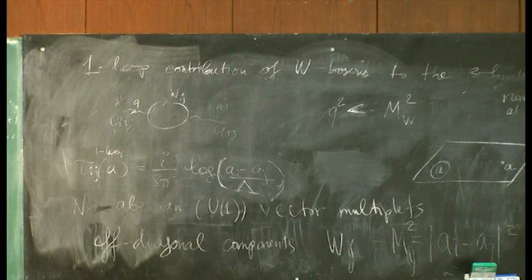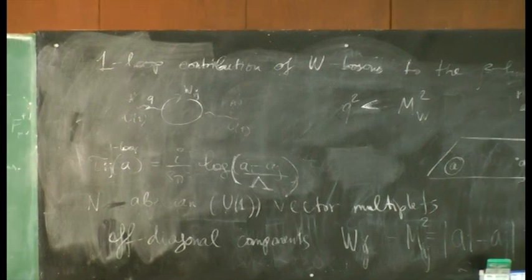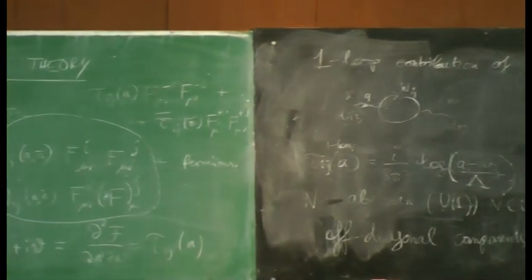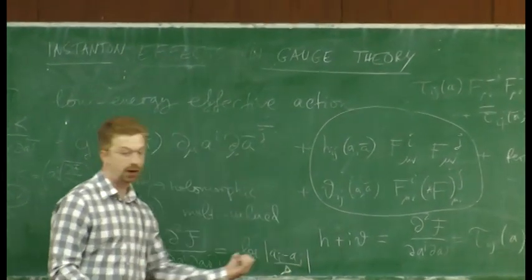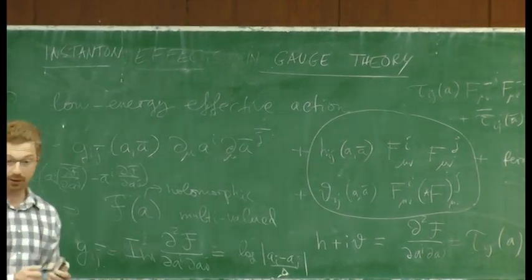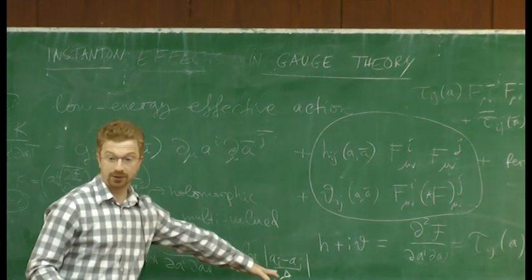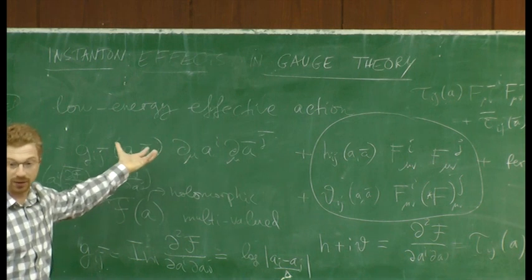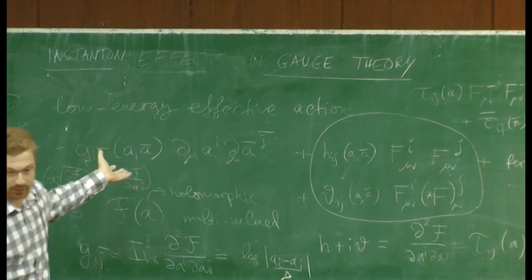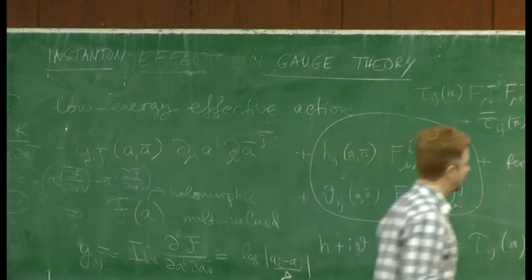Perturbatively, this will be something like log of the absolute value of A_I minus A_J over lambda. When the distance between the eigenvalues becomes smaller than lambda, this changes sign. The effective metric becomes negative definite, so the theory loses unitarity. Something has to cure it.